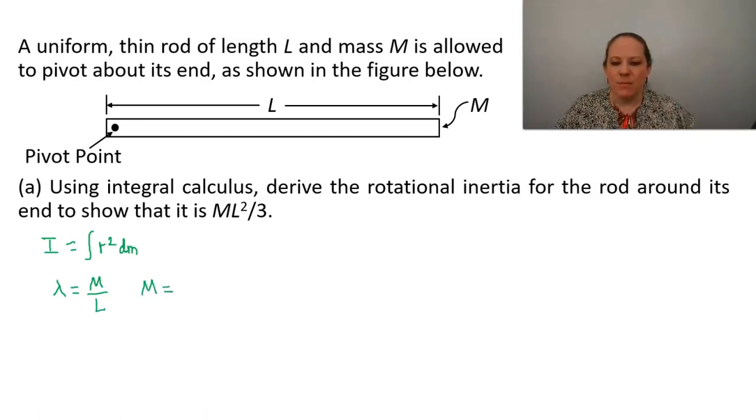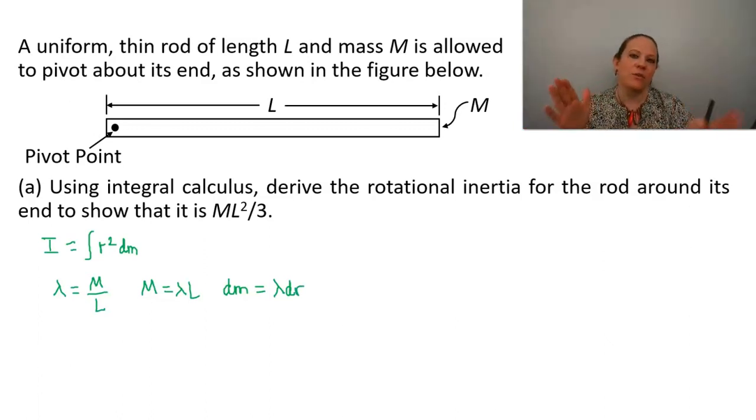And so we can express the mass as this density times the length of the rod. And now we can see that our dm, little differential mass piece, is going to be equal to lambda dr, where dr is referring to sort of like that little differential location along the length of the rod from 0 to L. So that becomes our limits of integration.